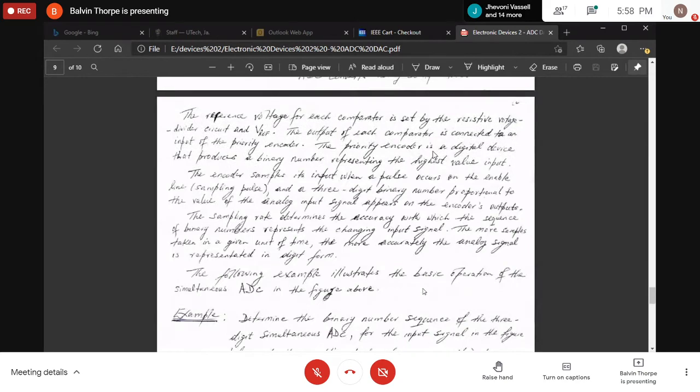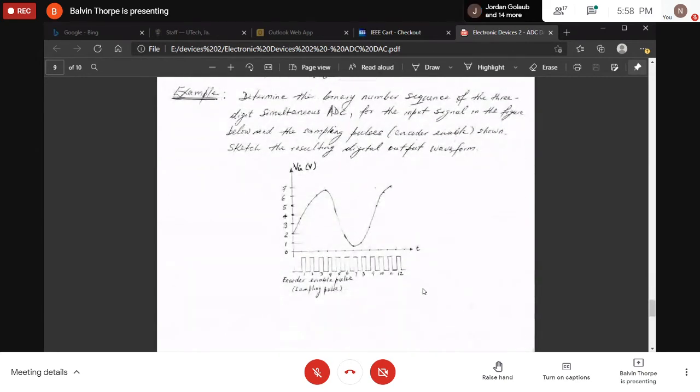If you look at this, for the first pulse, when the enable is on, it checks. Let's say the enable was high. It means on the rising edge, it will check the signal, the analog signal, and see what value that is.